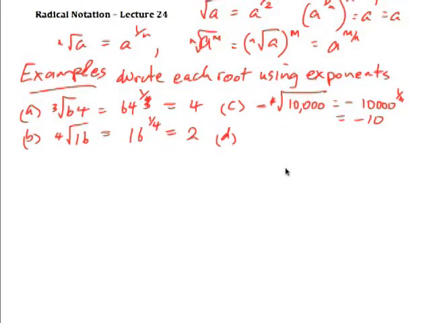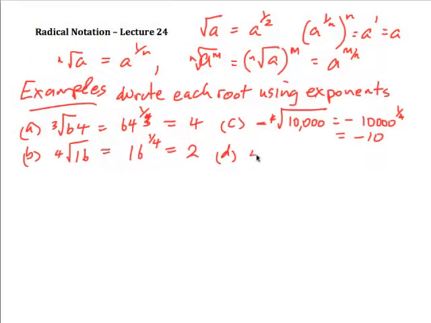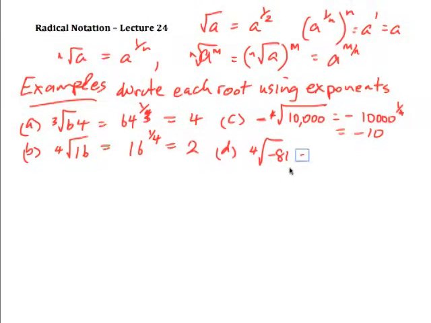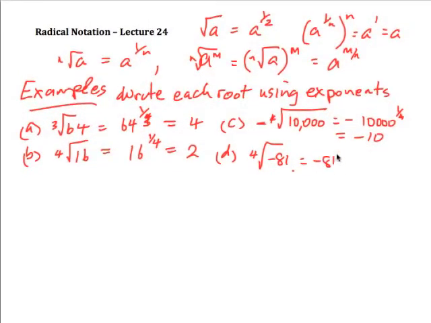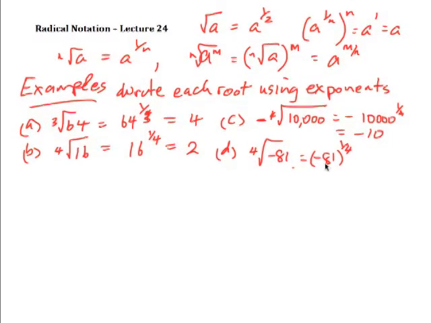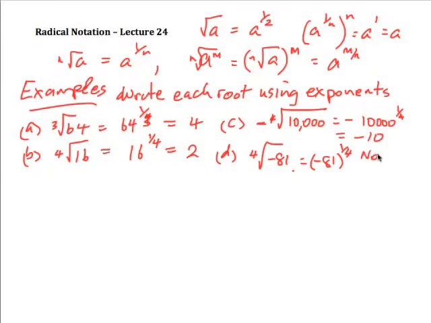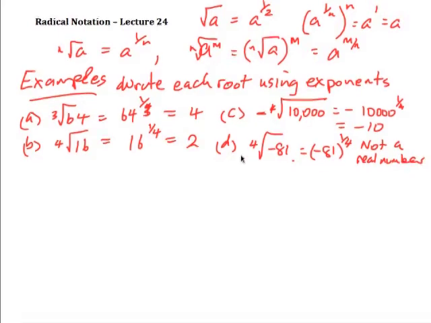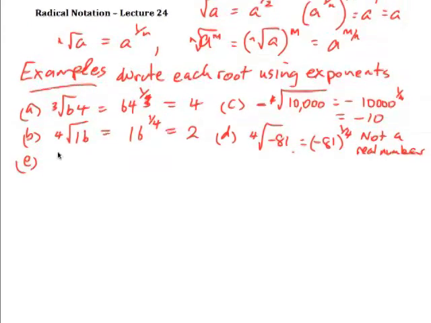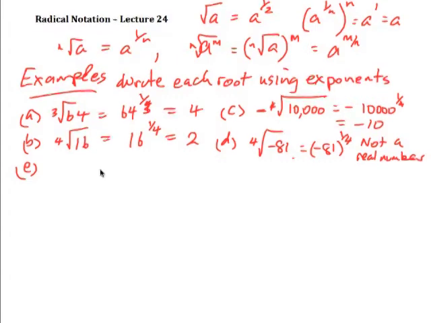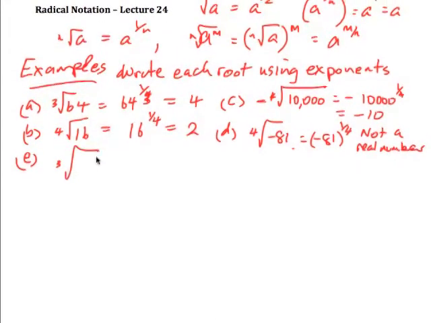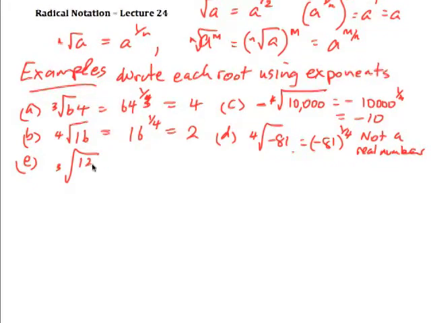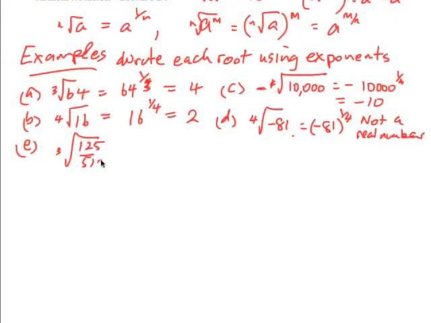So what if we want the fourth root of negative 81? Well, of course this is going to be equal to negative 81 to the quarter, and we already know that since 4 is an even number, we can't have a negative here, and so this is not a real number. Okay, part E. Let's suppose we want to find the cube root of a rational, so let's say 125 over 512.